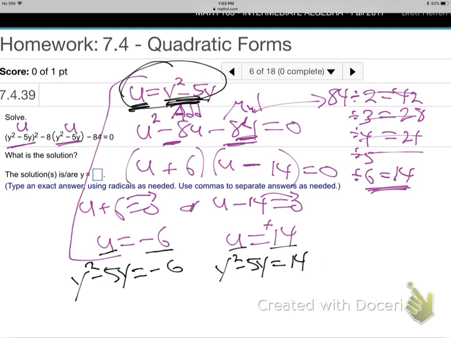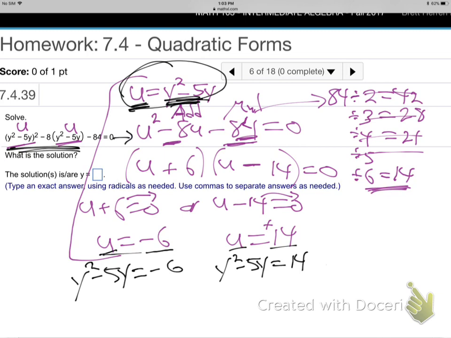Is that good? Everybody see what I'm doing there? So you go back to y at the end, after you get your two answers for u. Changing to u made the problem easier. That's why we did it. The original question looked really hard, and so we said, let's make it easier. Let's just let u be that big repeated chunk, y squared minus 5y. And so that changed it to an easier u equation.